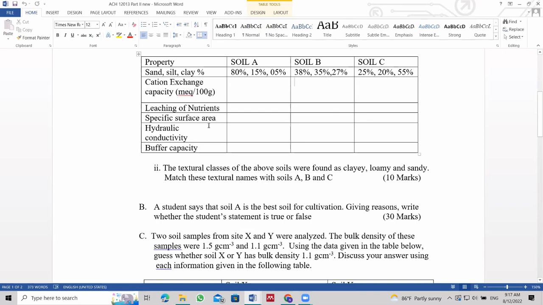Soil A, though in chemical properties it is better, in physical properties it is poor. And soil C, maybe the cation exchange capacity is high, leaching is less, but hydraulic conductivity is poor. But as far as B is concerned, it is medium in all. So it has less undesirable properties, but medium in all. Therefore, B is better.